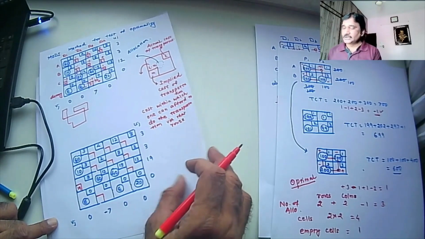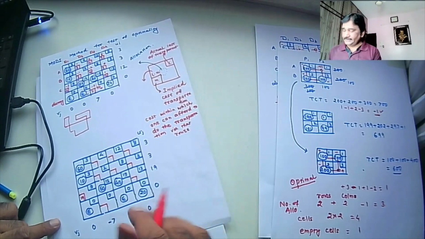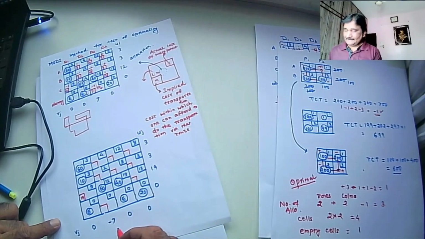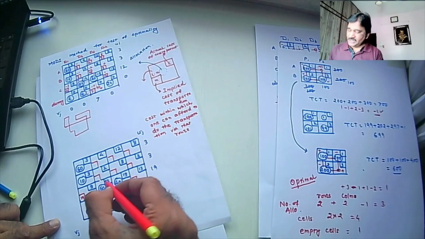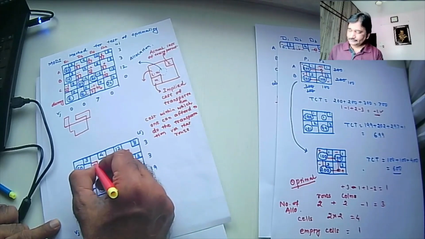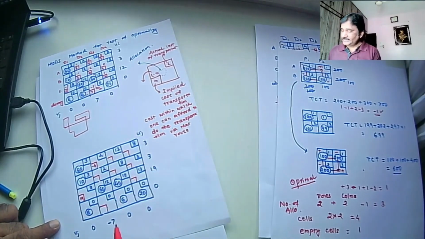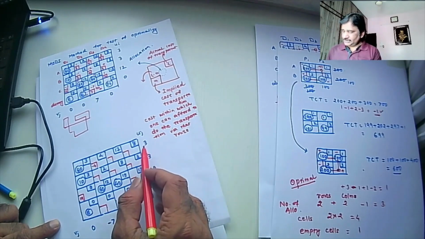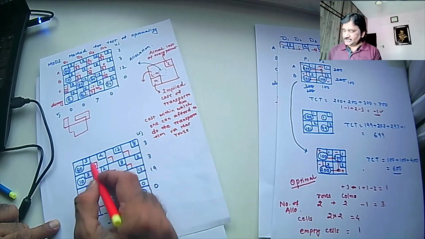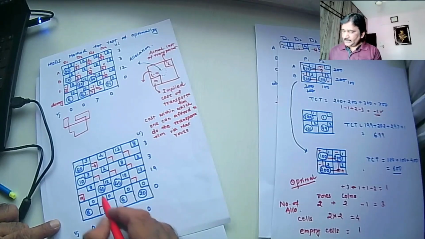19 plus 0, 19. Okay. Then for this, minus 7 plus 3 is coming out to be minus 4. Am I right? This plus this is coming out to be minus 4.